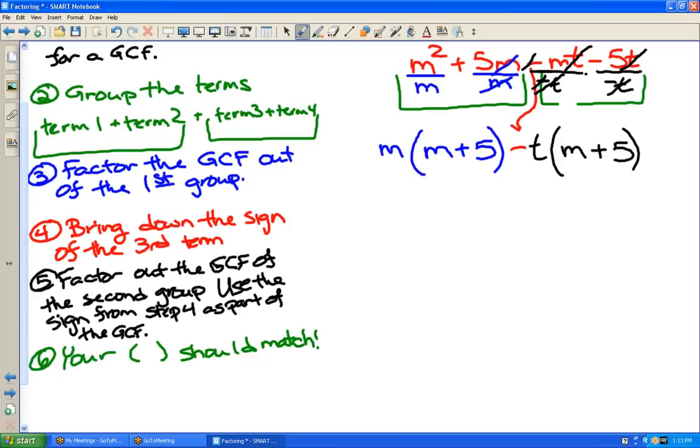What I'm doing is, if I looked at the original problem, I had four terms. And right now, even though it still looks like a mess and it doesn't look any neater than it was, it's just mathematically it helps you a little bit more. I have 2 terms. This whole group of things is 1 term, and this whole group of things is my 2nd term. So I've gotten it down to 2 terms.